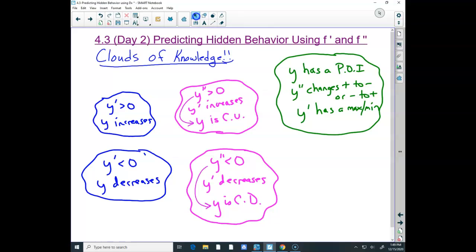And if that happens, that point of inflection on y is going to be a max or min on y prime. Those are just little tidbits that we need to know, and they are clouds of knowledge. I would make sure I write them down. These are good connectors, because when they ask you to justify a reason, these are all beautiful justifications for us because they are calculus driven.